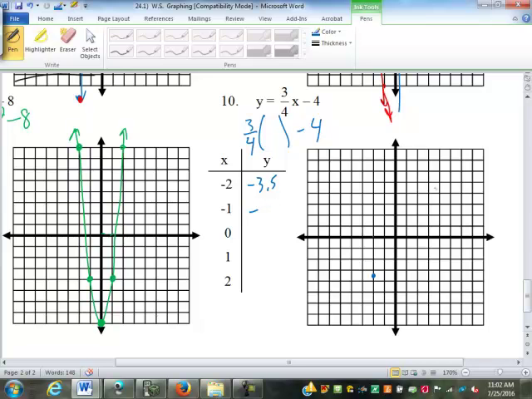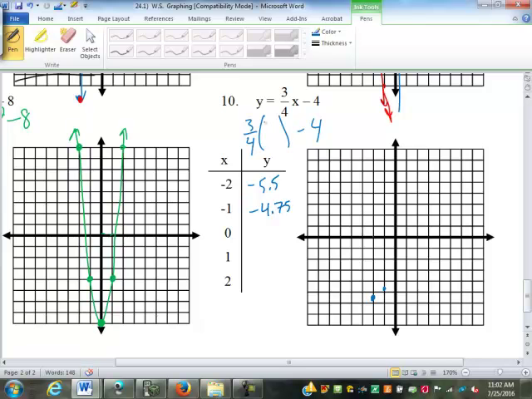Something went wrong there. Yes, I did something very wrong there. Let me try that again. Negative 2 times 3/4 is a negative 1.5. Minus 4 is a negative 5.5. That looks better. That's down here. 3/4 times negative 1 is negative 0.75, minus 4 is negative 4.75, which would be right here.